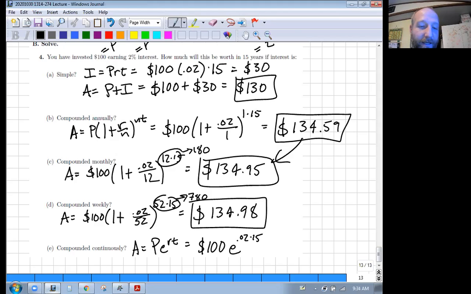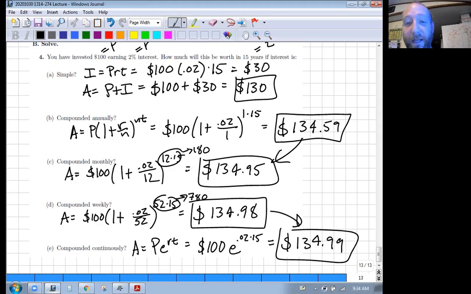And now we do e to the 0.3, and now multiply by 100. We get $134.99. One whole extra cent by compounding an infinite number of times in a year. And that's the most you're going to get.